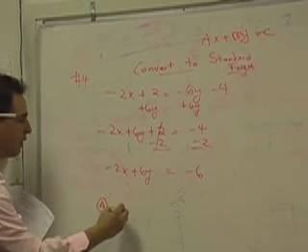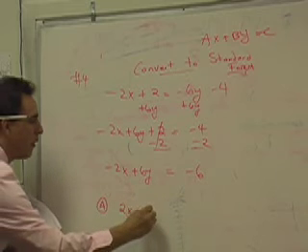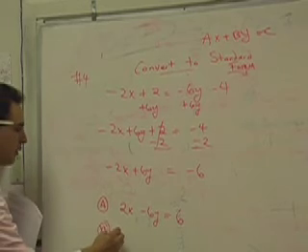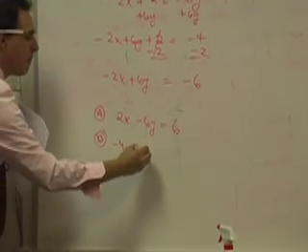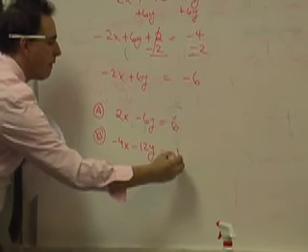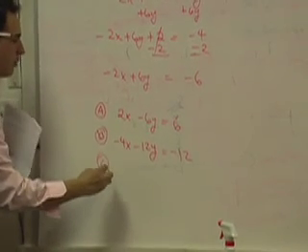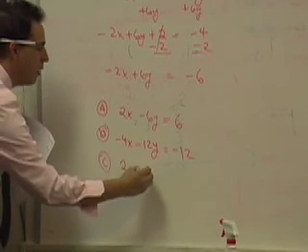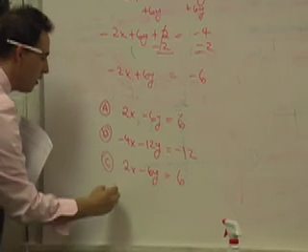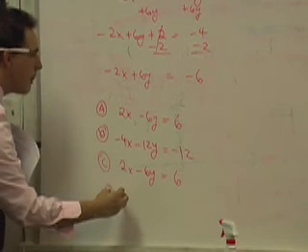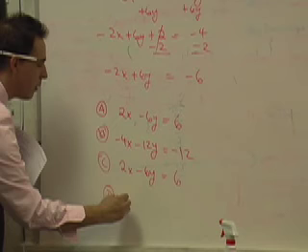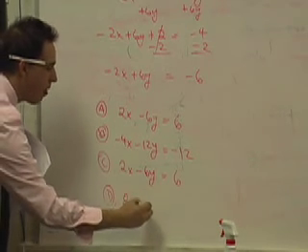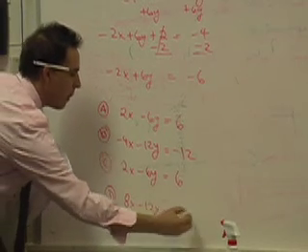A, let's see. Okay, let's see which one you think it will be. You can pick A, B, C, or D. It's actually none of them.